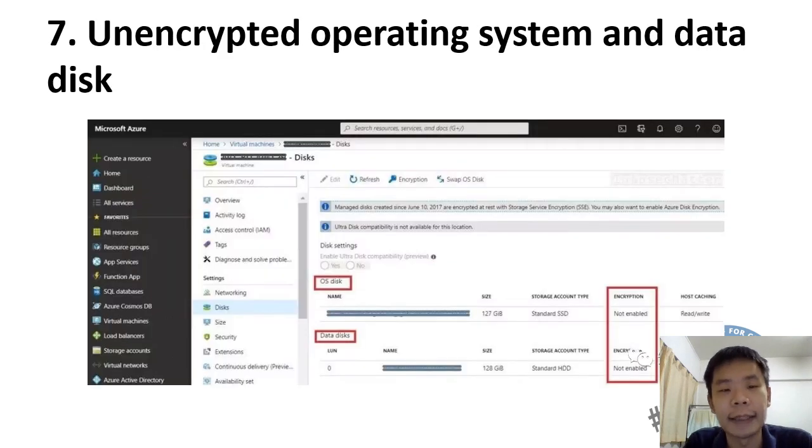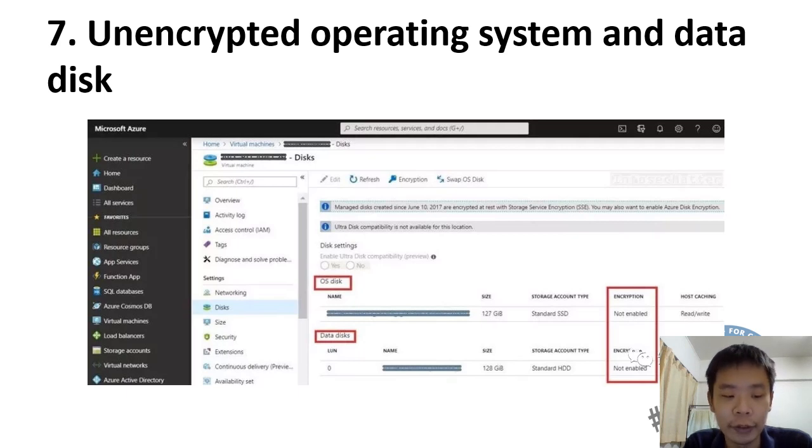Number 7, unencrypted operating system and data. Needless to say, this encryption should become a standard configuration in every production environment, workstation, server, and cloud environment. In the cloud environment, sometimes referred to as encryption at rest, Azure supports this encryption for Windows and Linux VMs.